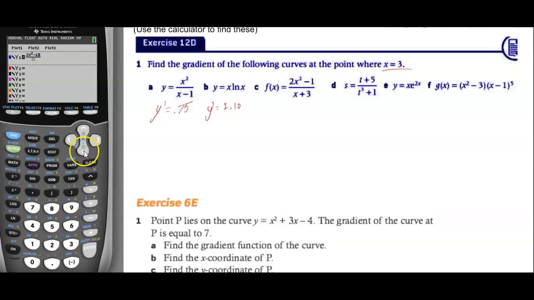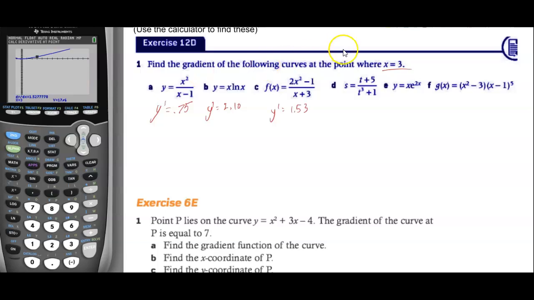On the bottom, x plus 3. Graph. And we're going to find the derivative at x equals 3. So let's do that. We'll do second calc. Derivative is number 6. And then we type in 3, enter. And the answer is 1.53. y dash equals 1.53.